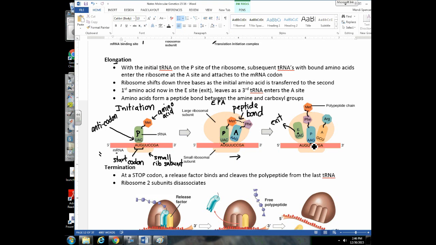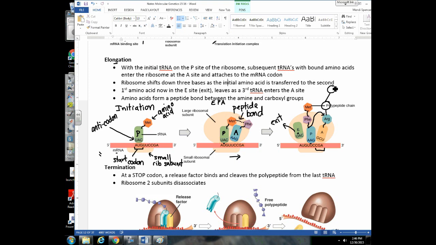So this tRNA is going to land, and it can match up with its complementary bases. If you notice, CGA is complementary to GCU, and this is going to be transferred here. So let's show that now we have these 2 amino acids hooked onto that third amino acid. So we are elongating the strand of amino acids.